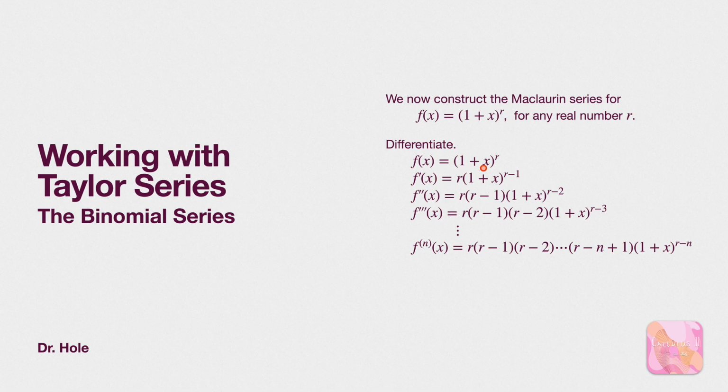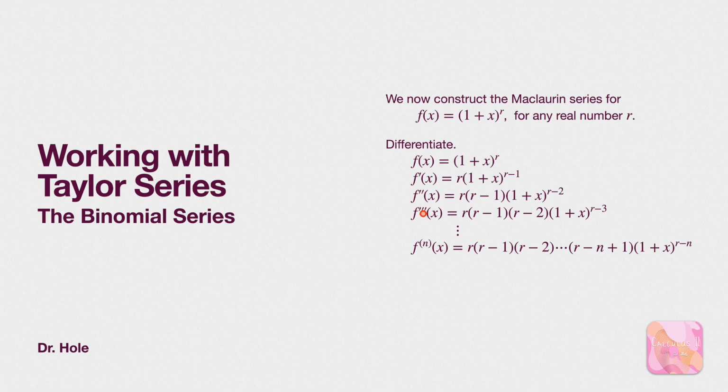And the first derivative is bring down the power, decrement the power, and differentiate the base. Derivative of 1 plus x is just 1. Repeat. Second derivative, that power r minus 1 comes down, and the power r minus 1 is decremented. Third derivative, same notion.